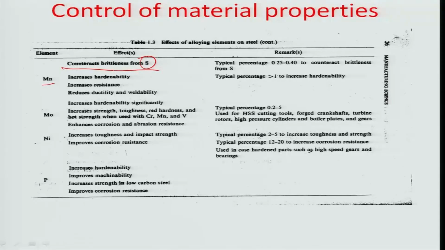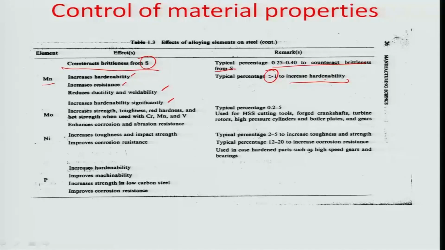So typical percentage is about 0.25 to 0.40% to counteract the brittleness from sulfur. Similarly, manganese can increase hardenability, reduce the ductility and weldability, increase hardenability significantly, percentage again greater than 1 to increase the hardenability.